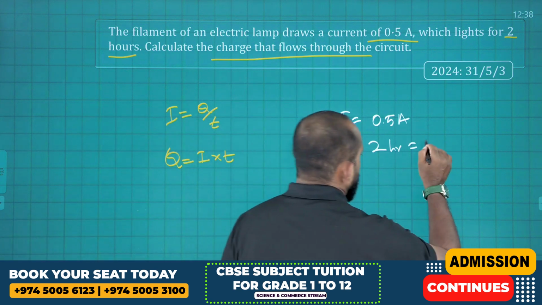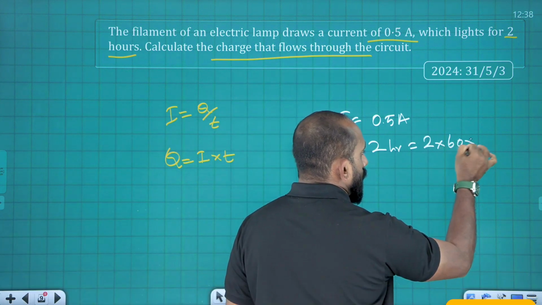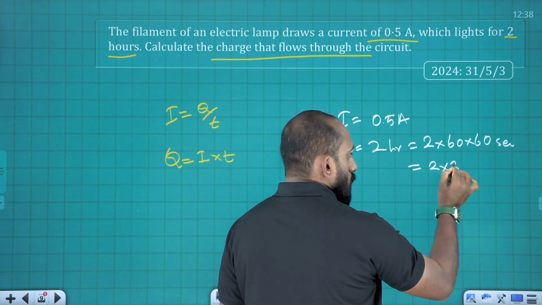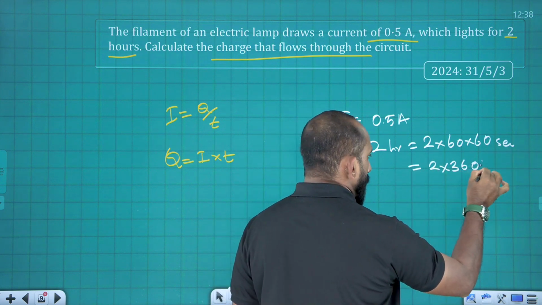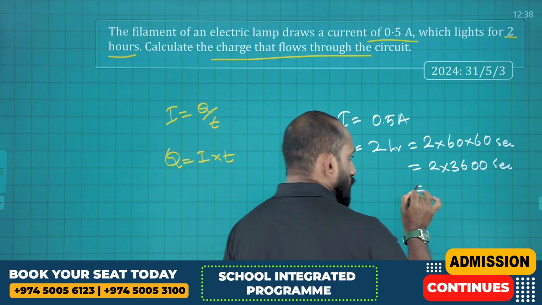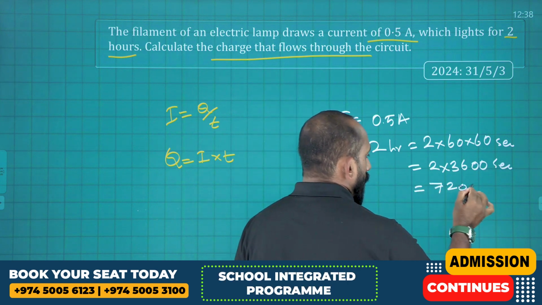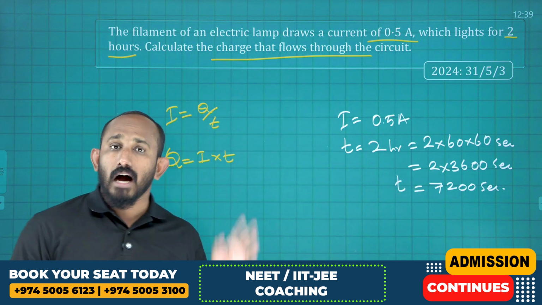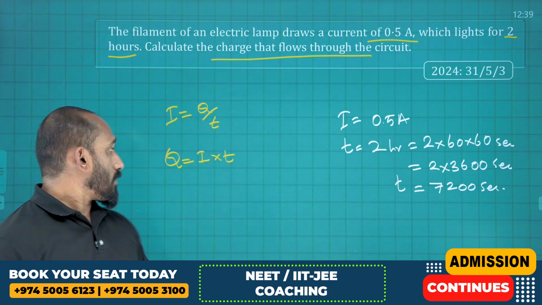So this is 2 into 60 into 60 seconds. That is 2 into 3600 seconds, that is 7200 seconds. That is T. You convert hours to seconds.